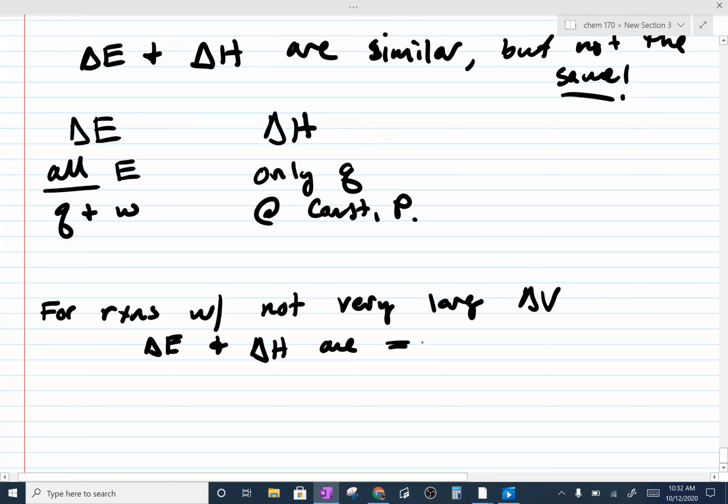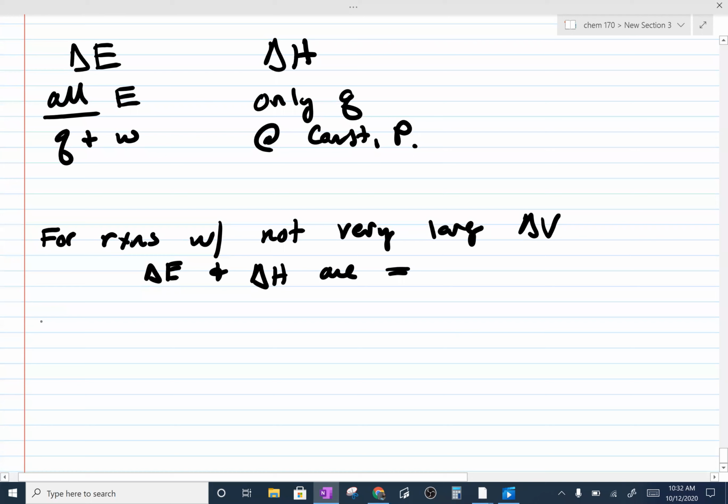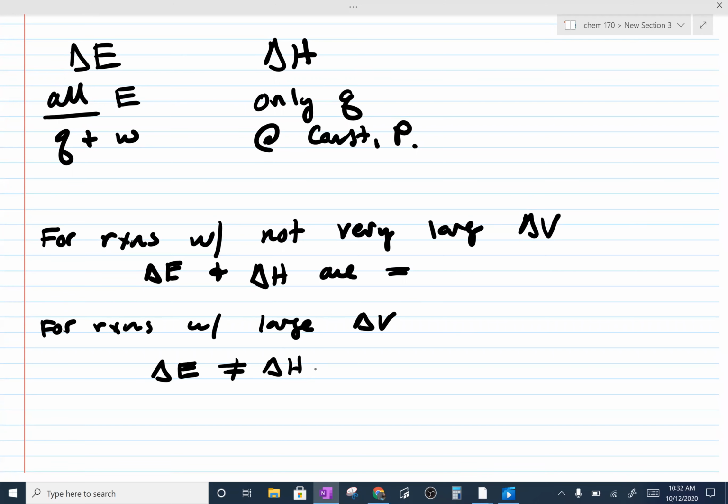Very close to being equal, if not exactly equal. But for reactions with a large delta V, delta E does not equal delta H. They're slightly different. And this has to do with the pressure-volume work that's associated with the change in total energy, delta E.